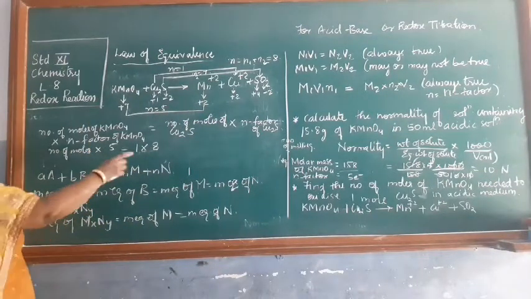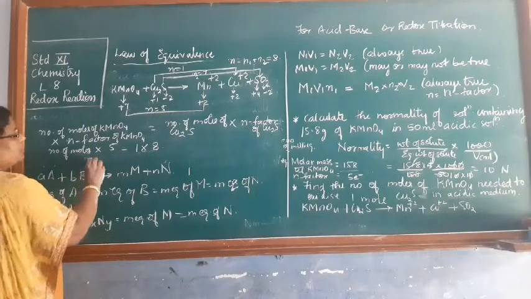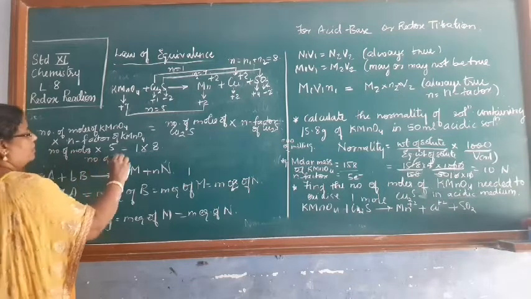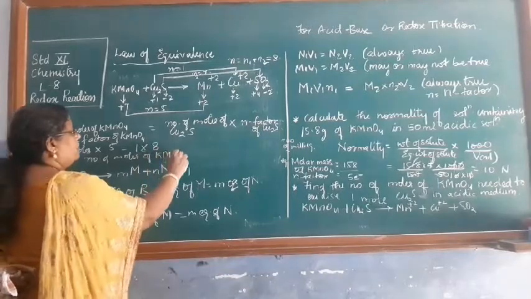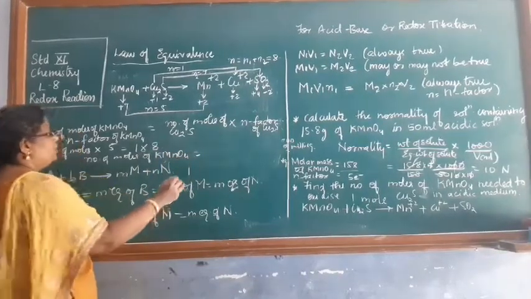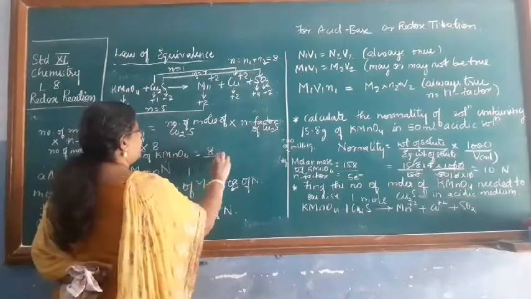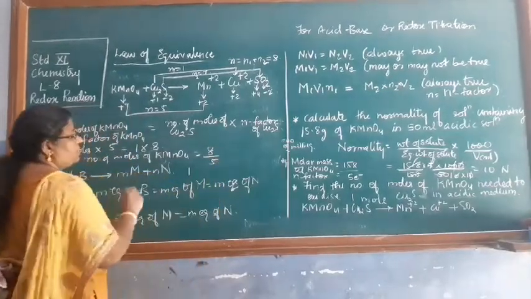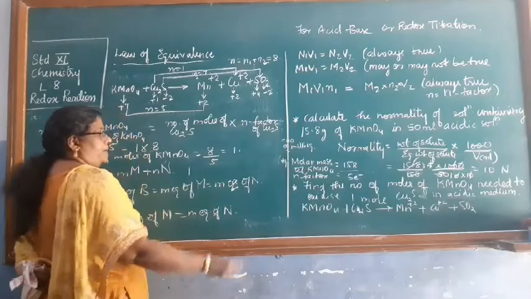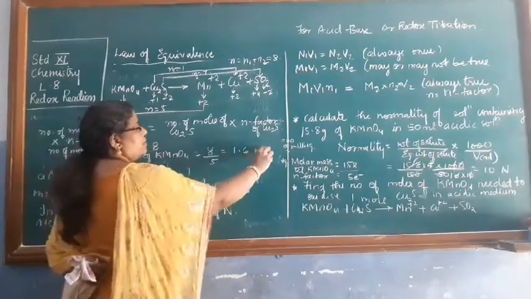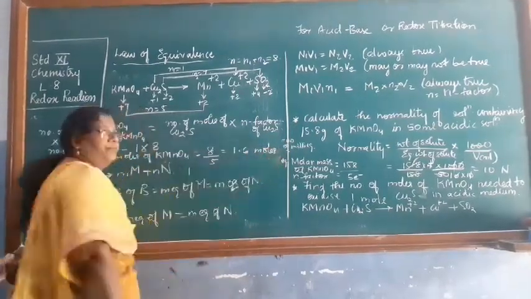So you have this. So what is the number of moles? It will be number of moles of KMnO4. It is equal to 8 by 5, isn't it? So it will be 5 ones are 5, 30, that is 1.6 moles.